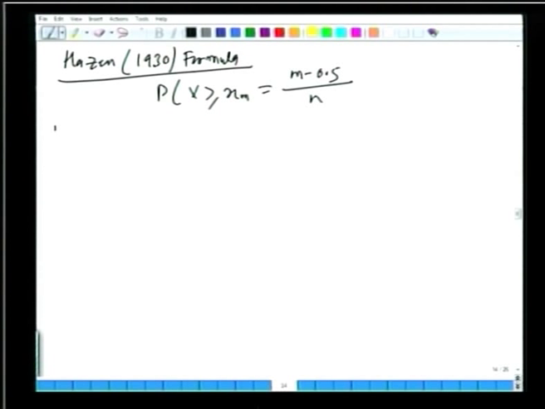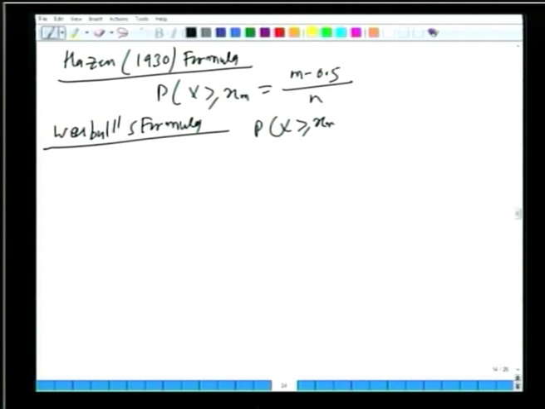Another formula is Weibull's formula, which is the most commonly used, in which the probability of exceedance is given by m over n plus 1. I am sure you have seen this in your earlier classes.